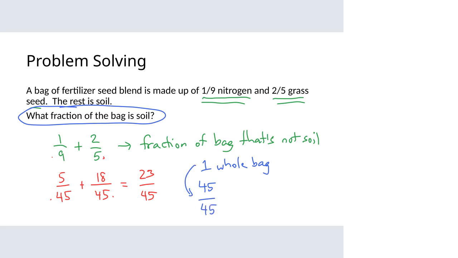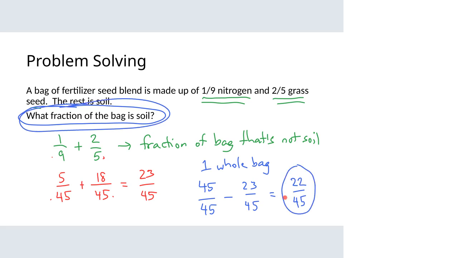I'm just rewriting 1 as a fraction that has a denominator that comes in handy in this particular problem. And so there's 1 whole bag, that's 45 45ths of a bag. If I subtract the 23 45ths that is not soil, that'll leave me with 22 45ths, and that is the fraction of the bag that is soil.